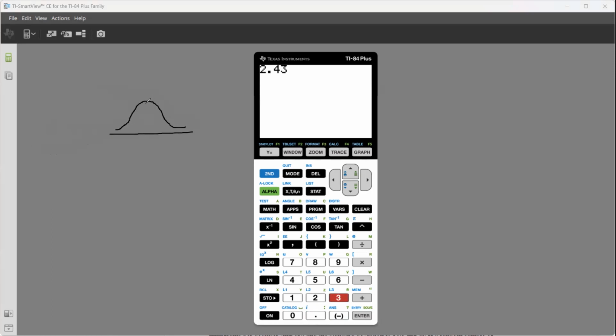This is going to be my middle score, 272.